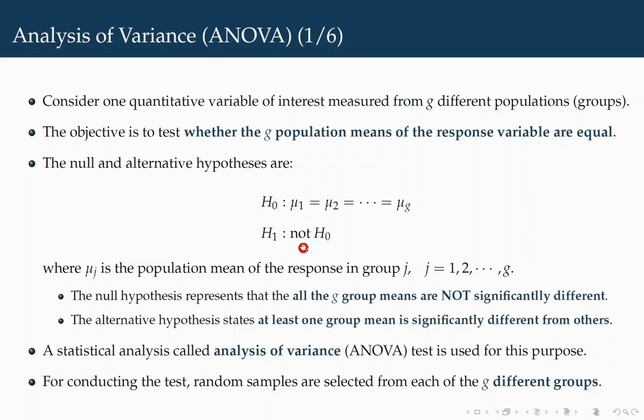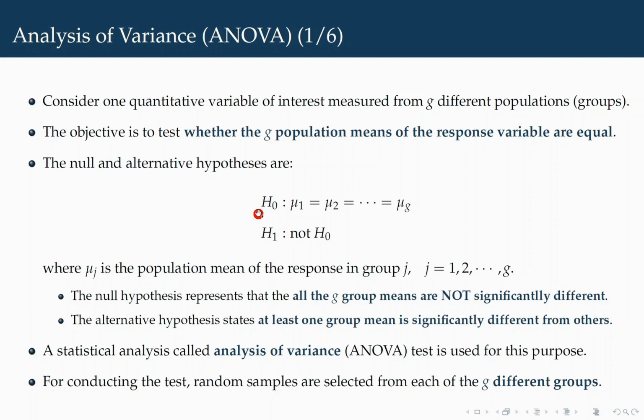So here, mu1 is the population mean of group 1, mu2 is the population mean of group 2, and mu G is the population mean of group G. So here, H0 represents that all the G group means are not significantly different. And not H0 represents that at least one of the G different means is significantly different from the others.